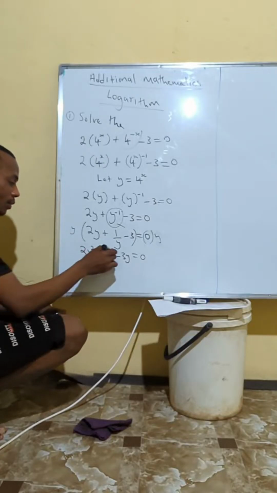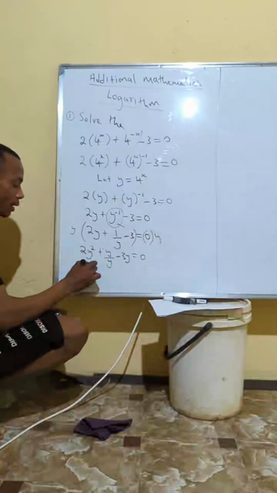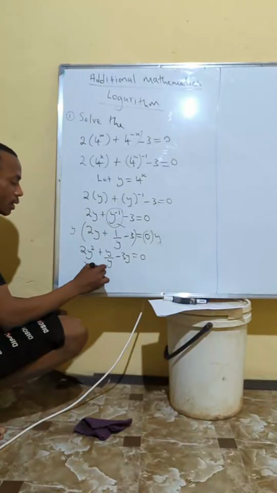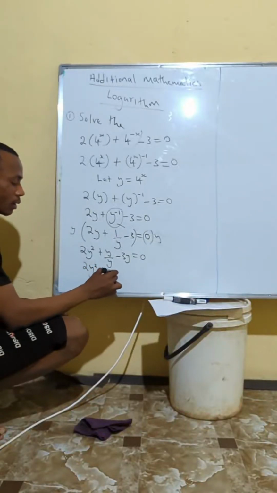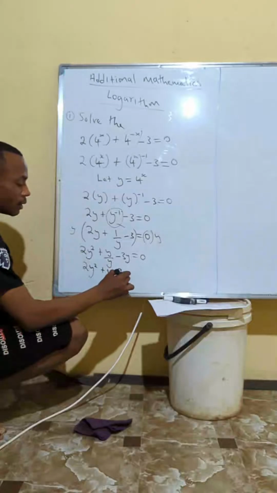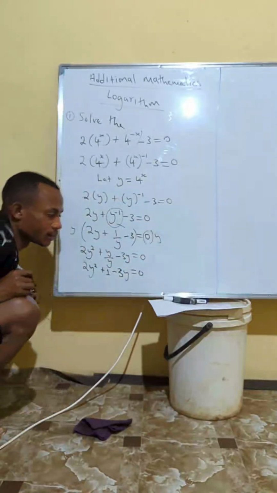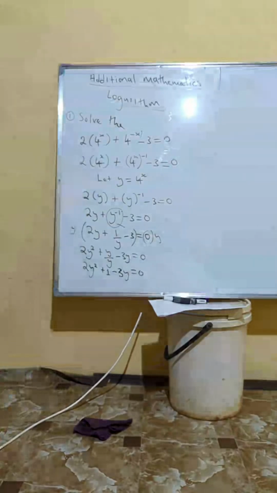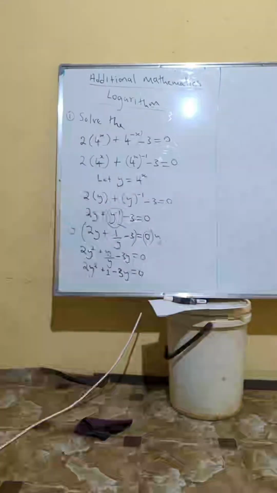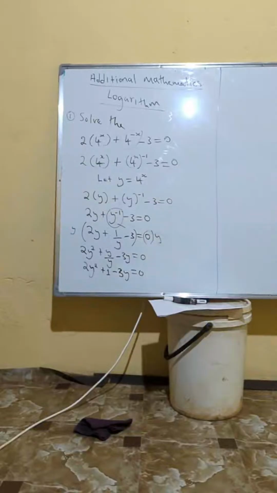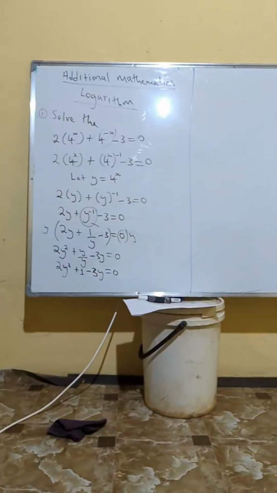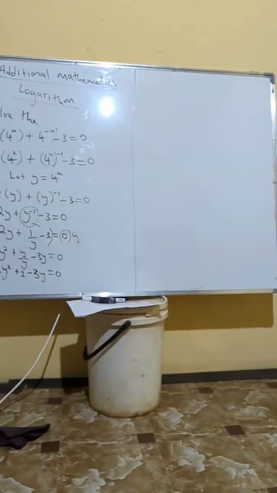After you reach here, you know that here to give us 2y squared, then plus 1 minus 3y is equals to 0. So that is an equation that you have.